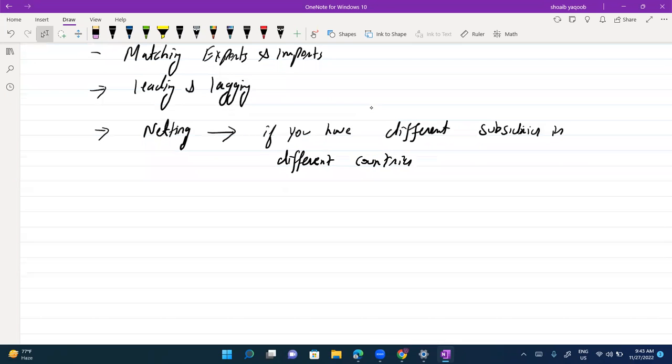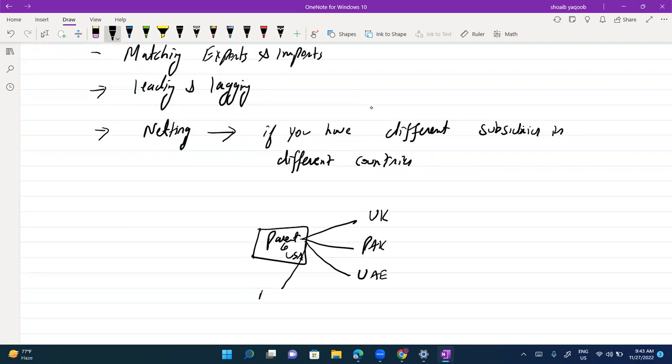For example, parent company is in USA. One subsidiary is in UK. One subsidiary in Pakistan. One subsidiary is in Dubai. One subsidiary is in Malaysia. So you will be dealing in 4 different currencies.